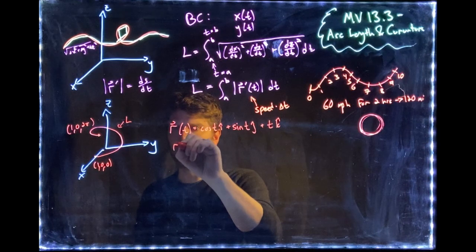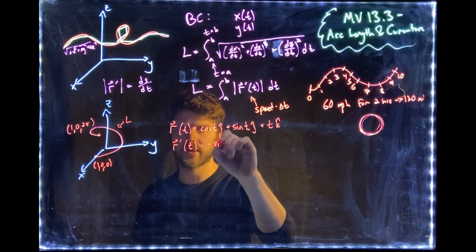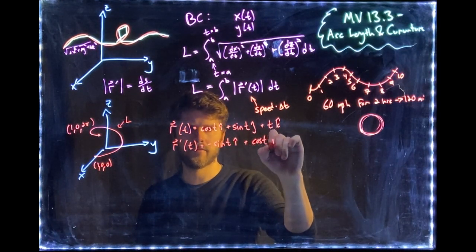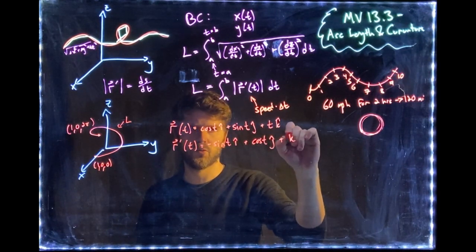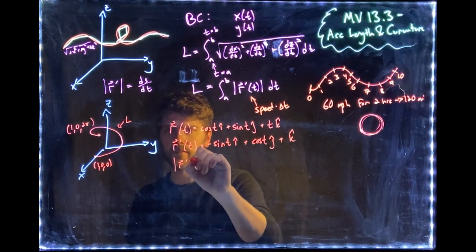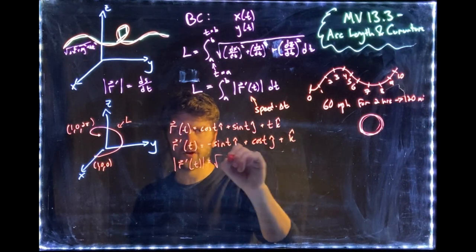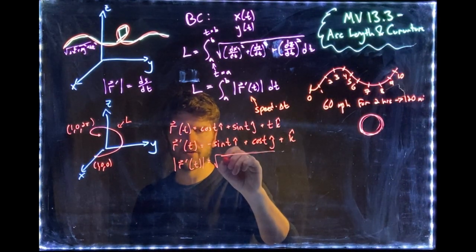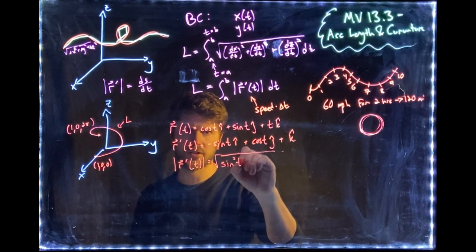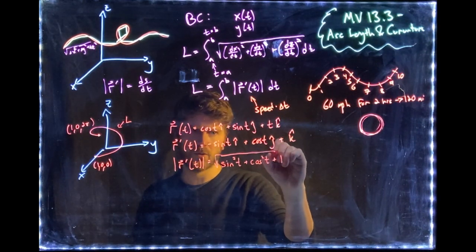So let's first find r prime, because we do have to find that. That's going to be negative sine t i plus cosine t j plus just 1 k. And if I find the magnitude of r prime, it's going to be the square root of, well, the negative isn't going to matter because we're squaring it, sine squared t plus cosine squared t plus 1 squared.